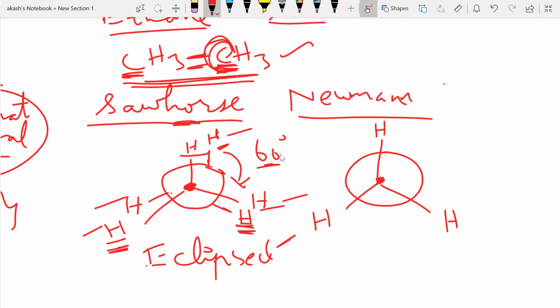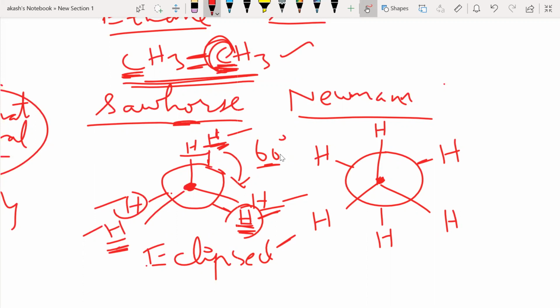If you do that, this hydrogen atom would have come here, and this hydrogen atom would have come here, and this one would have gone here, if we rotate the second carbon atom by 60 degrees. Now if you look from the front, all 6 hydrogen atoms are completely visible.